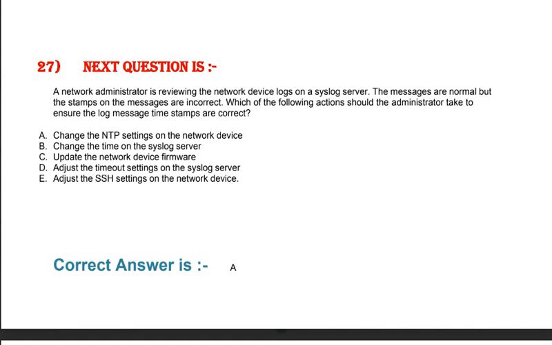Option B, change the time on the syslog server. Option C, update the network device's firmware. Option D, adjust the timeout settings on the syslog server. Option E, adjust the SSH settings on the network device. Correct answer is option A.